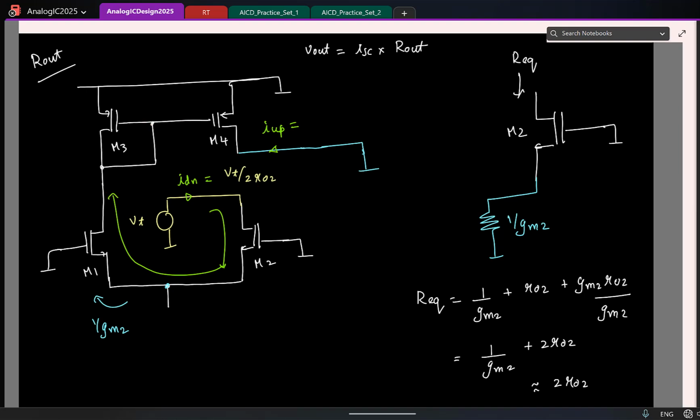And the same gate voltage is copied to the transistor M4. Okay. So the current flowing here is also going to be the same value, which is Vt by 2R02. Is it clear? So I can write my up current as Vt by 2R02.